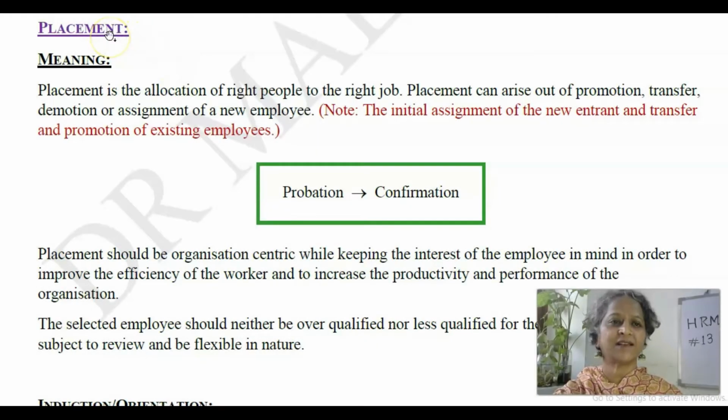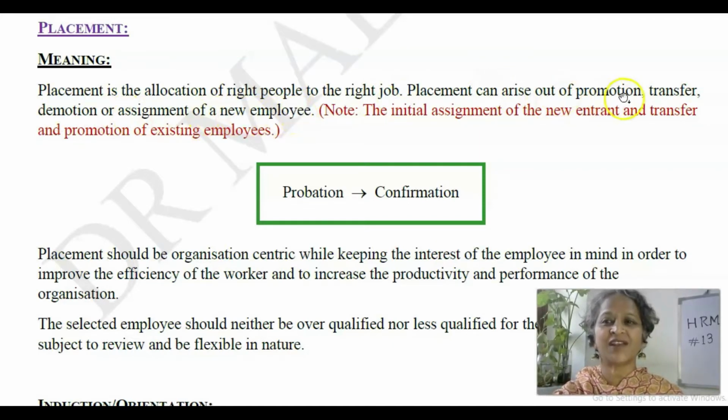After selecting the candidates, human resource manager has to place them. So what is placement? Placement is the allocation of right people to the right job. And the need of placement can arise out of promotion, transfer, demotion or assignment of a new employee.